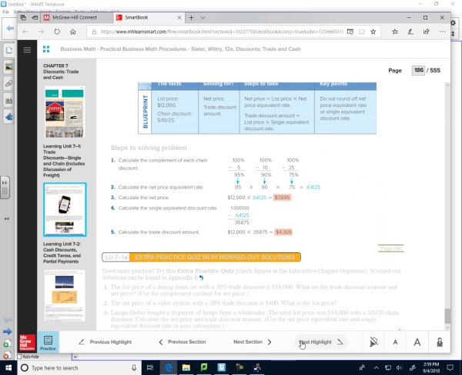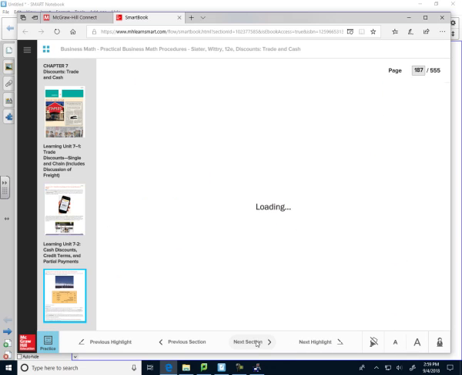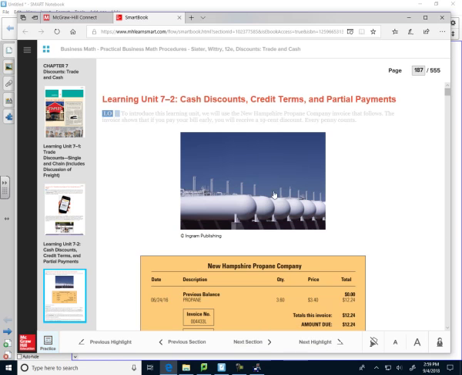I clicked on next section. All right. Now, moving along, we'll probably, hopefully, look at these two things today. The partial payments, I typically wait and do on another day. It's not that they're that hard, but I think you need a little time to digest cash discounts and credit terms first.